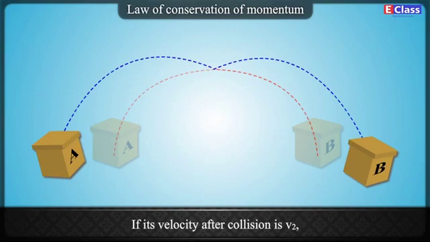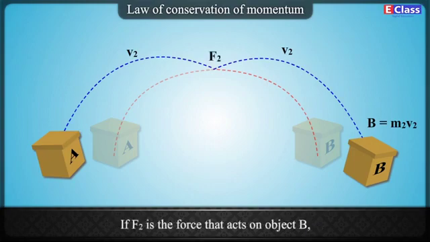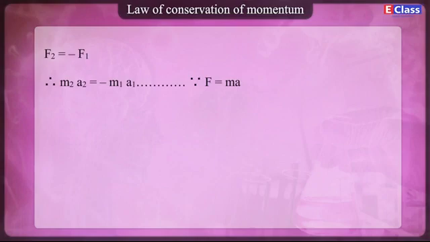If its velocity after collision is v2, the momentum of B after collision is m2 v2. If F2 is the force that acts on object B, F2 is equal to minus F1. Therefore, m2a2 is equal to minus m1a1 because F is equal to ma.